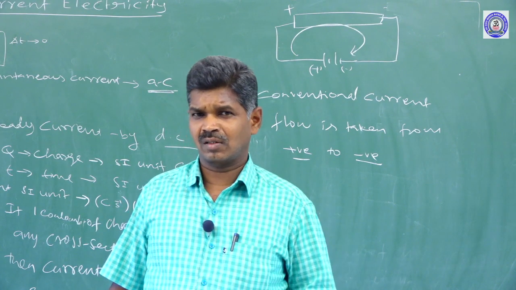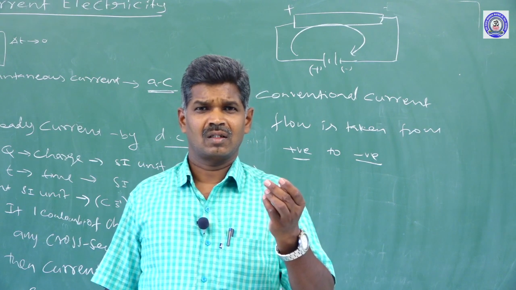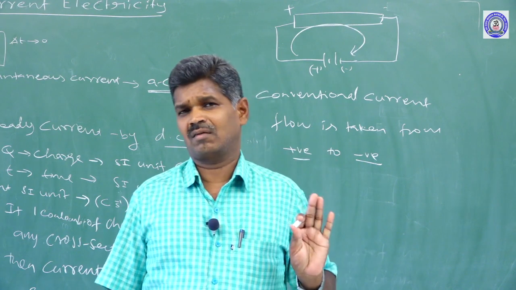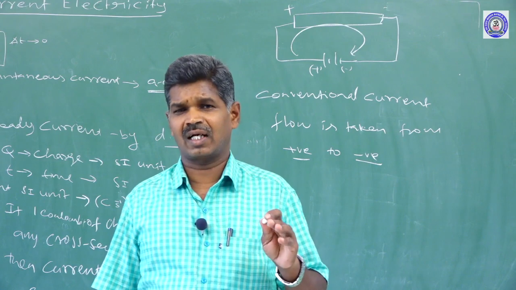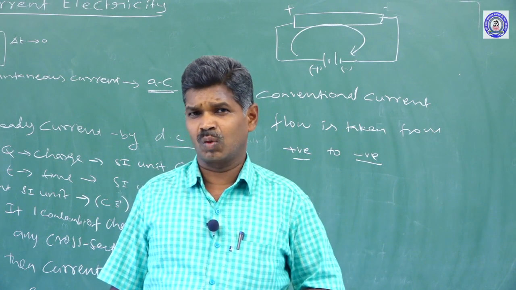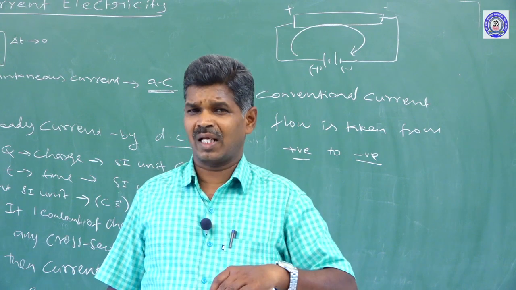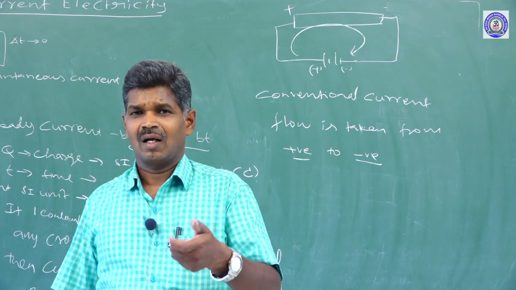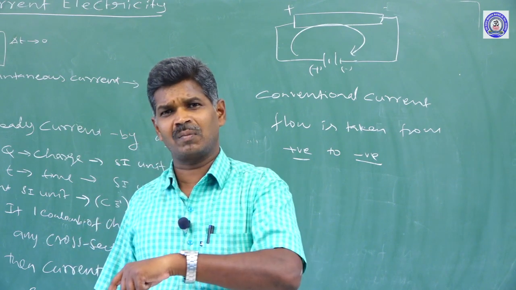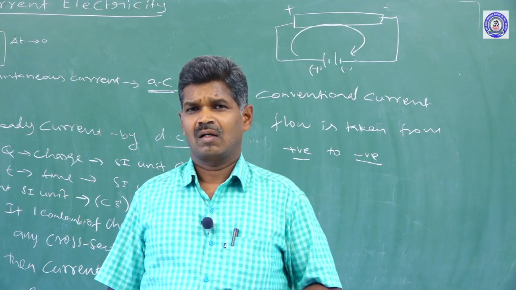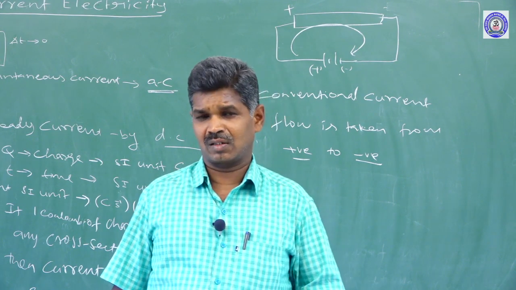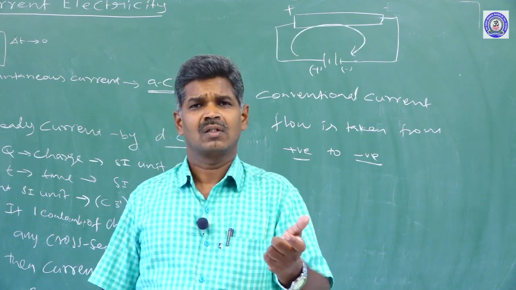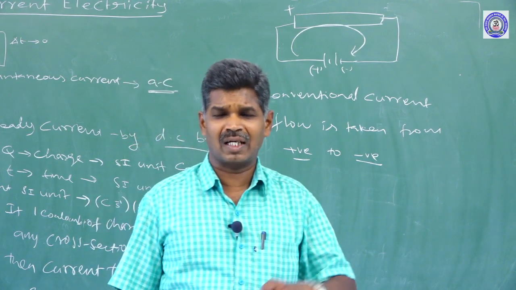Suppose there were a positive charge movement: positive charges would move from higher potential to lower potential, because the positive terminal repels positive charges and the negative terminal attracts them. So if any conductor had positive charge movement, it would move from the positive terminal to the negative terminal.